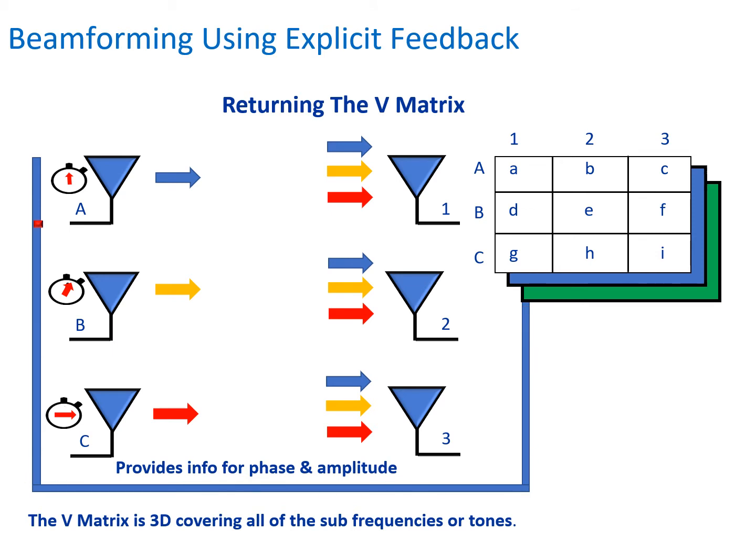So as the signal is received on each one of the antennas within the mobile device, or on even a single antenna, all this information is fed into a three-dimensional matrix. Depending on the number of antennas used and whether it's single-user MIMO or multi-user MIMO, the matrix table can become very large. And if it's moving, it may have to be updated approximately once every 10 milliseconds, even if you're just at a walking pace.